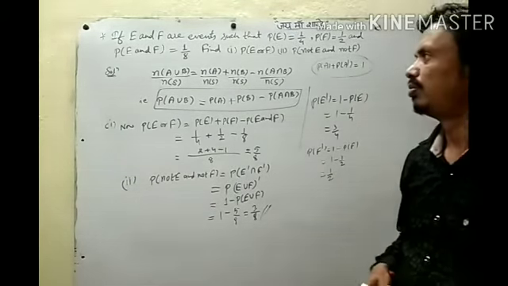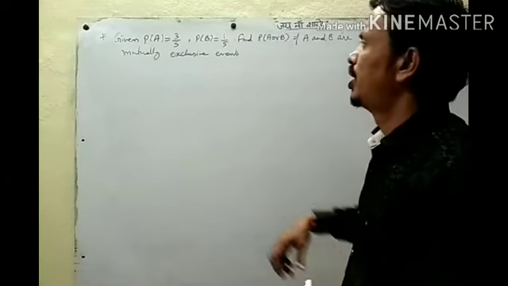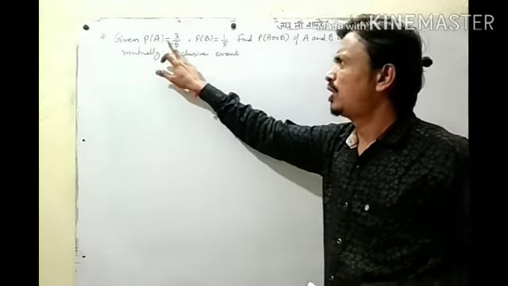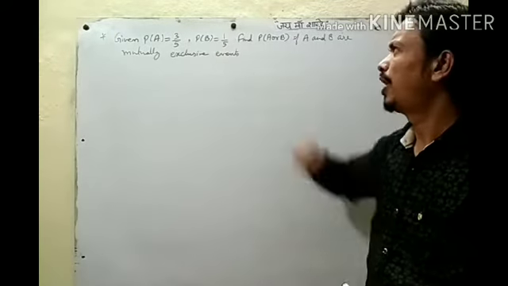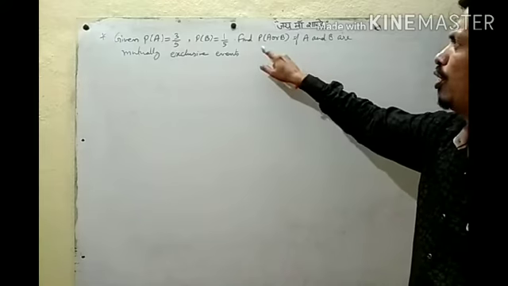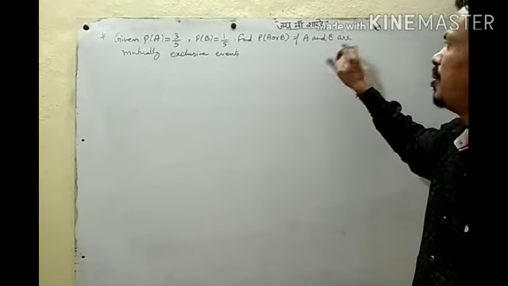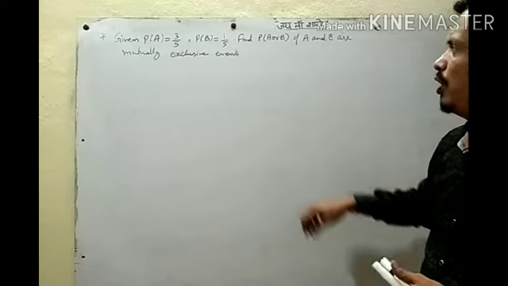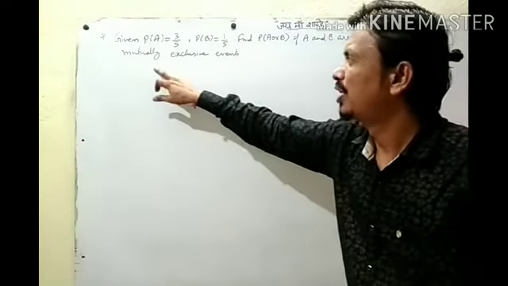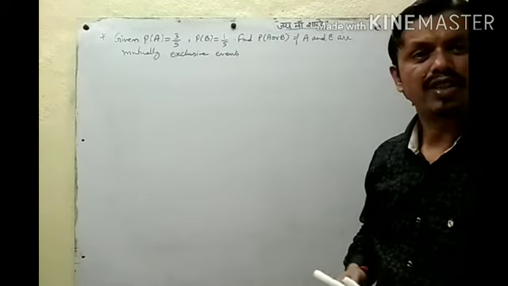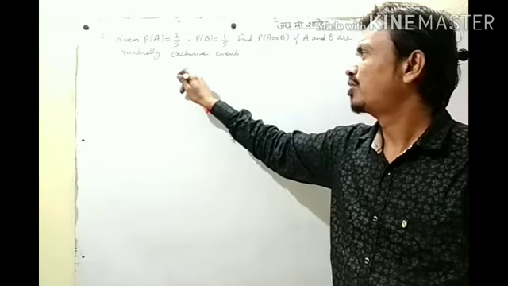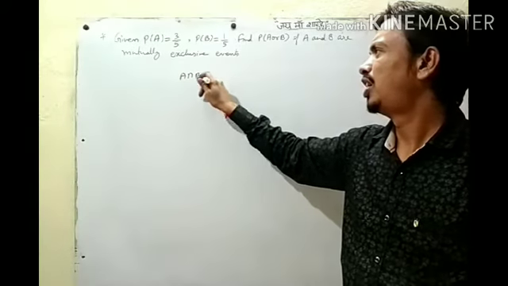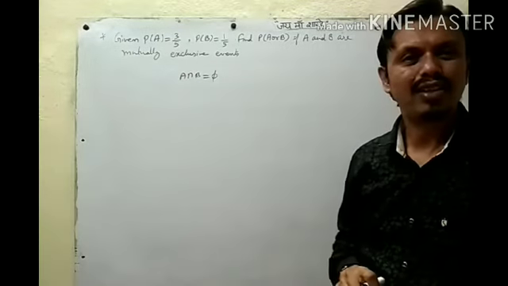Okay. Now next question is, we have given P of A is 3 by 5, P of B is 1 by 5, then we need P of A or B if A and B are mutually exclusive events. So we know what are mutually exclusive events? Two events are said to be mutually exclusive events if their intersection is null set.